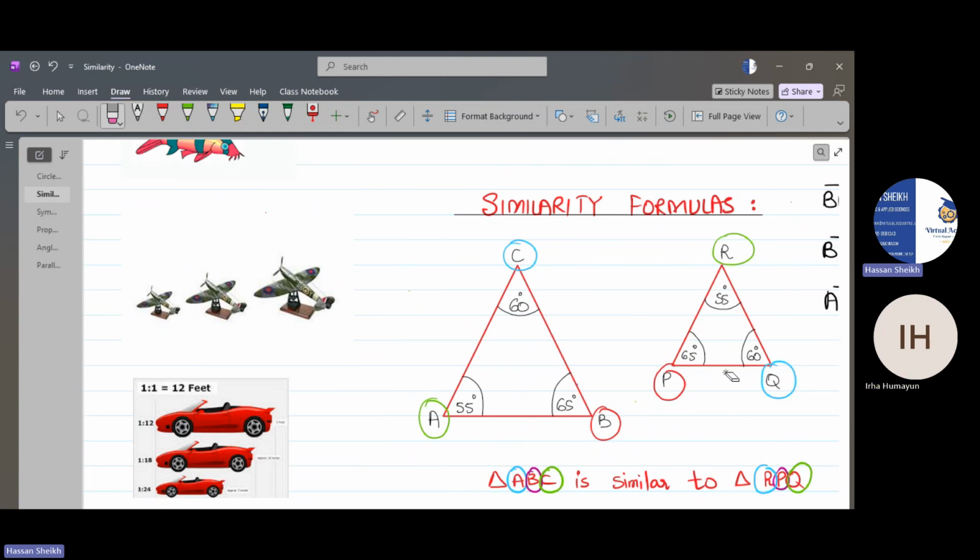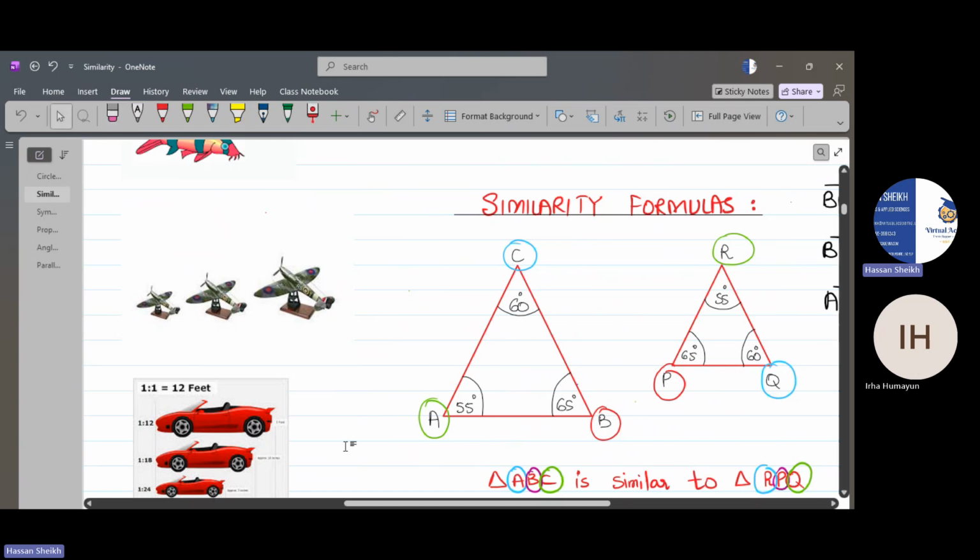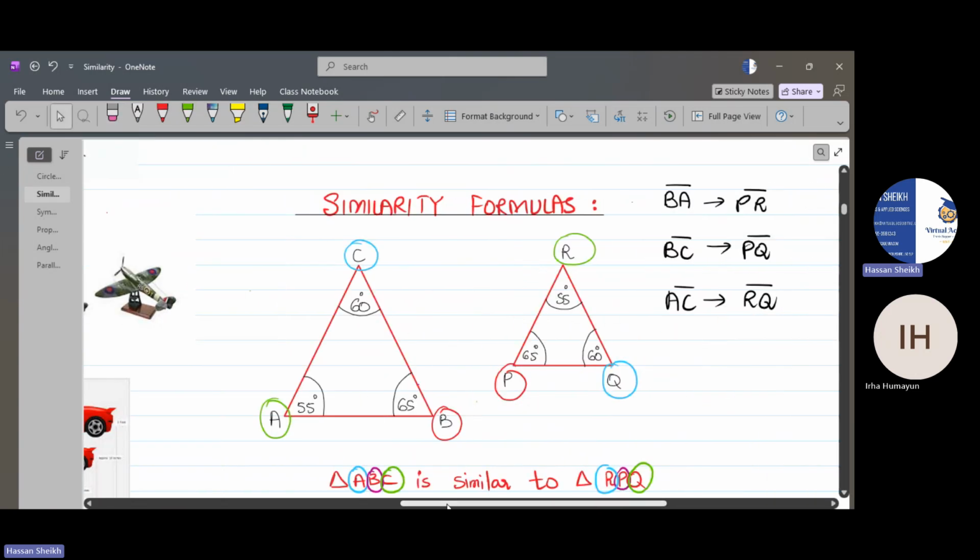Now tell me which side corresponds to AC? RQ. Exactly, RQ. You need to call out the R first because I asked you which side corresponds to AC. Now tell me which side corresponds to CA? QR. So that's how we say the sides are corresponding.